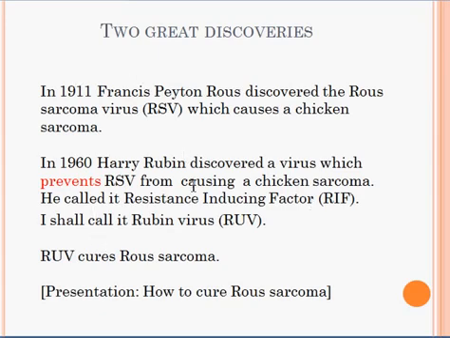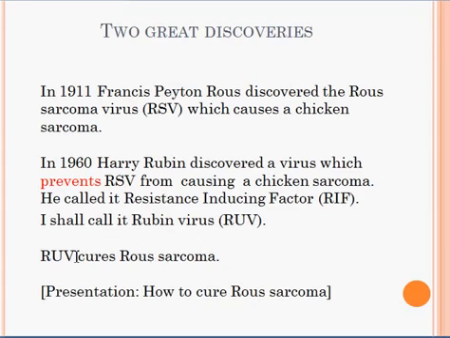So Rubin virus has a similar genetic structure to Rous sarcoma virus. It has a similar envelope structure, protein structure, but it is not pathogenic. What do I mean by pathogenic? You get leukocytosis, but you don't get Rous sarcoma.